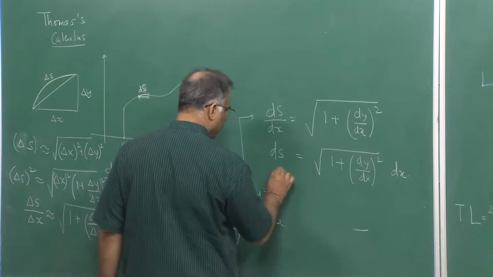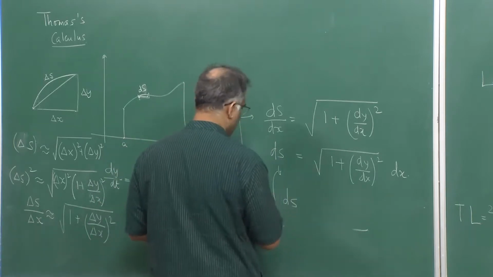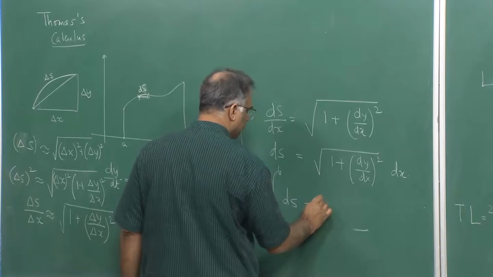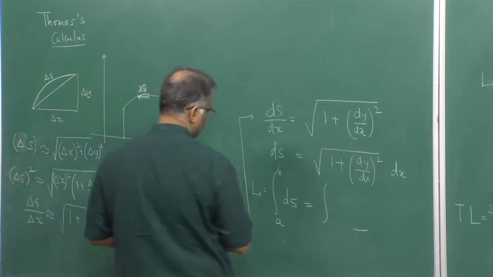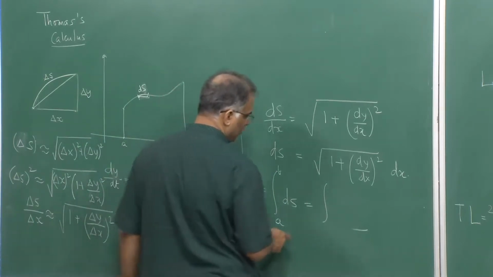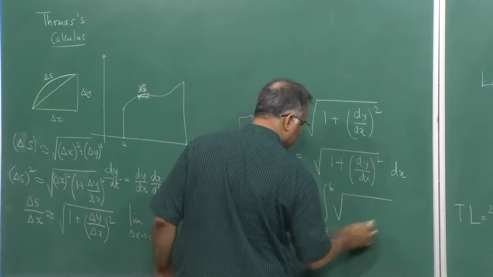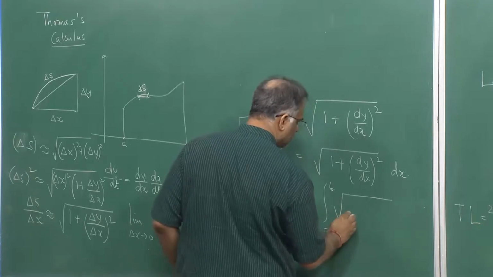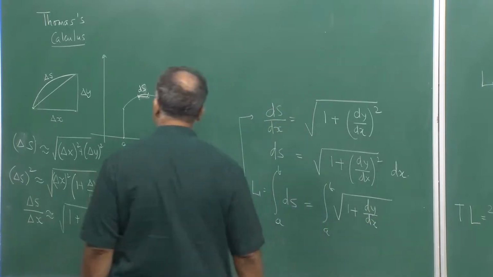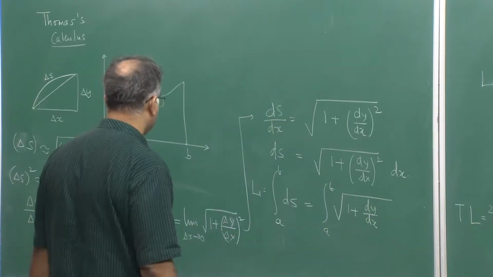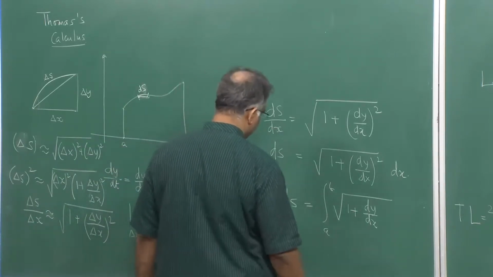So, it is the integral from a to b of ds, which is your total length L. Or rather I should write the integral from 0 to L of ds.